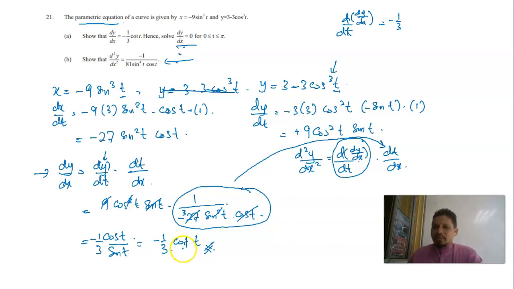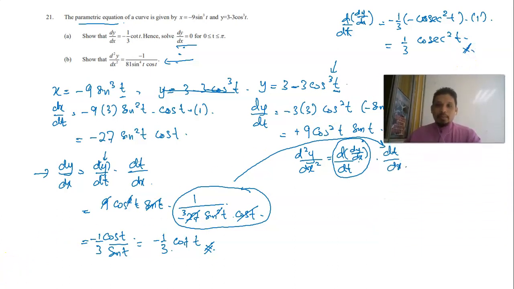Is it negative cosecant squared? Sorry, class, I need to check the derivative of cotangent first. So negative 1 over 3, then differentiate cotangent, negative cosecant squared t, and then differentiate t equal to 1. Negative becomes positive, 1 over 3 cosecant squared t.